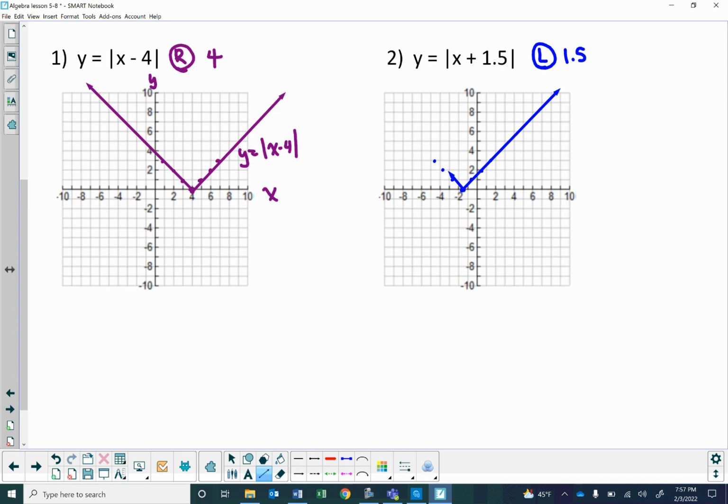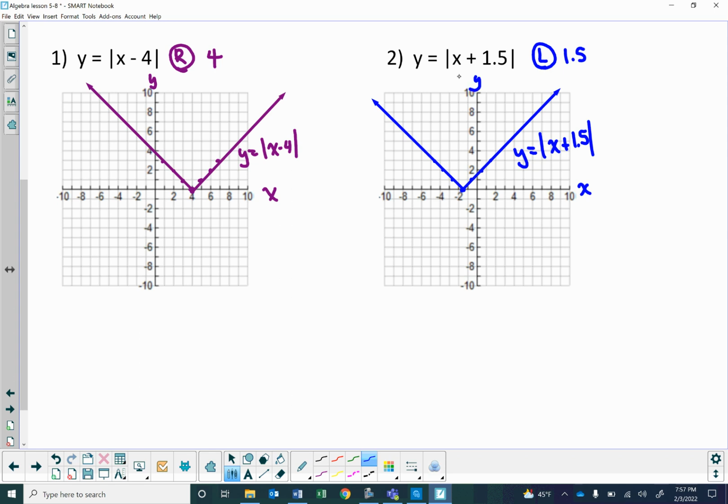And do that over here. And then make sure we label it y equals the absolute value of x plus 1.5. And of course, label your x and y axis.